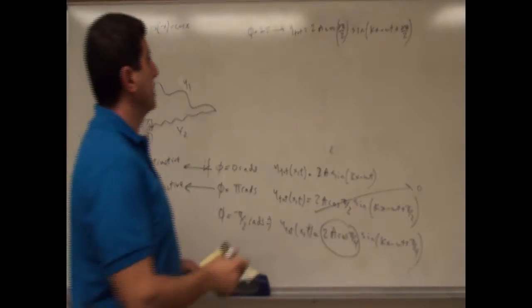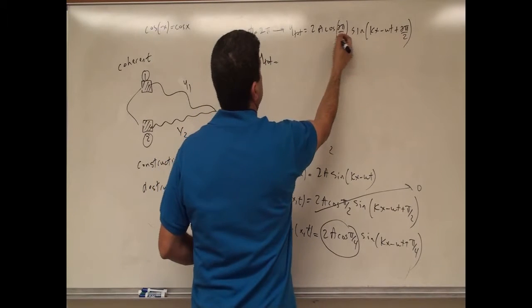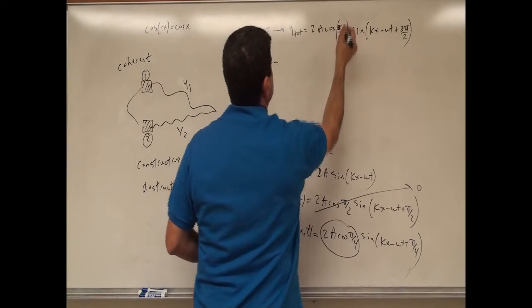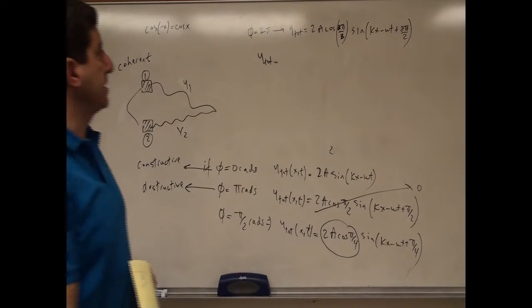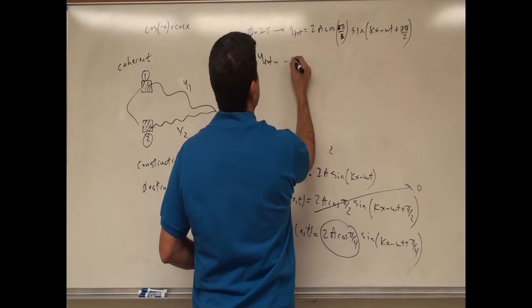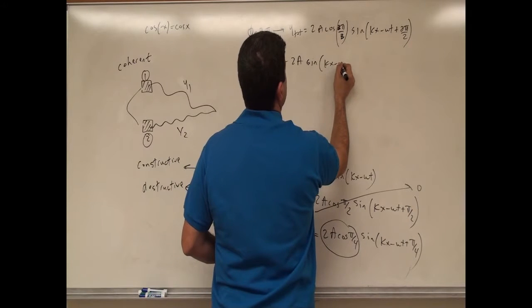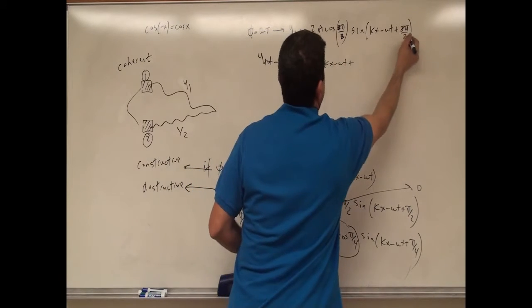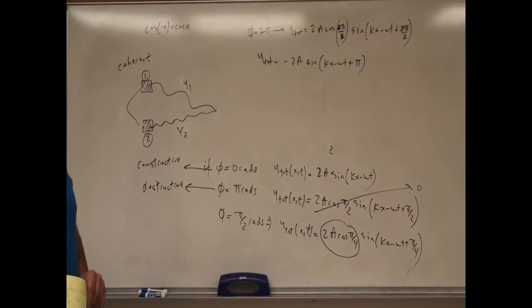Radians, right? And then we have here y total. Well, this one, we're just going to have 2a cosine of pi. Cosine of pi is -1. So we're going to have -2a sine of kx minus omega t plus pi. Well, what is sine of kx minus omega t plus pi?